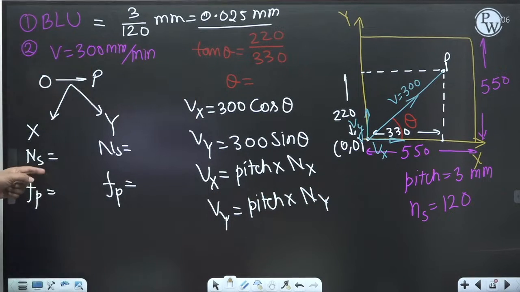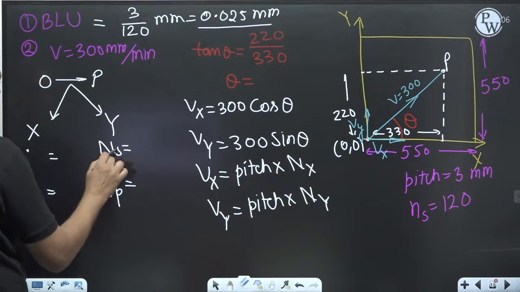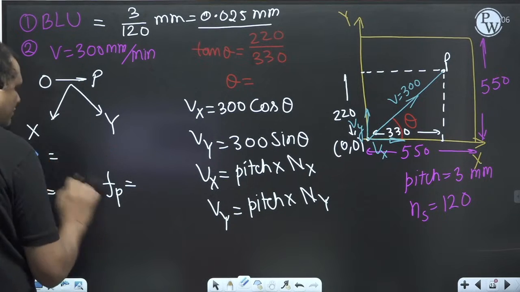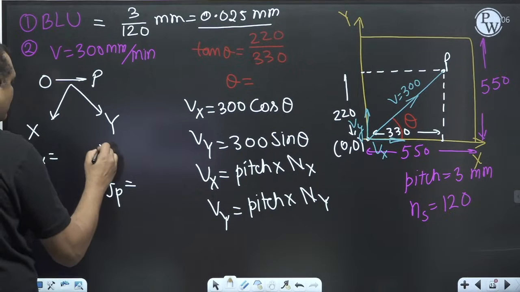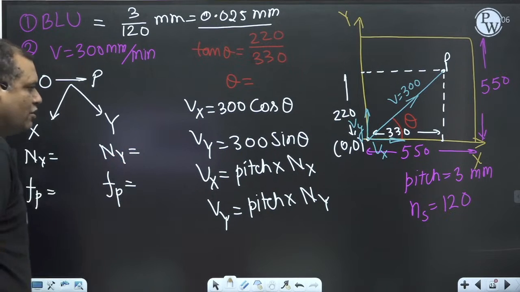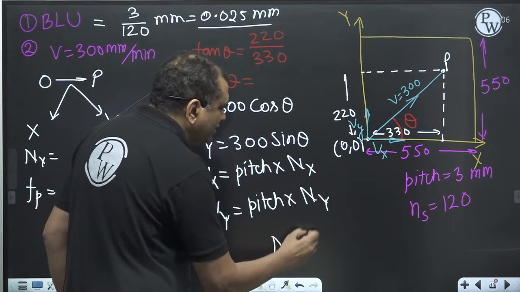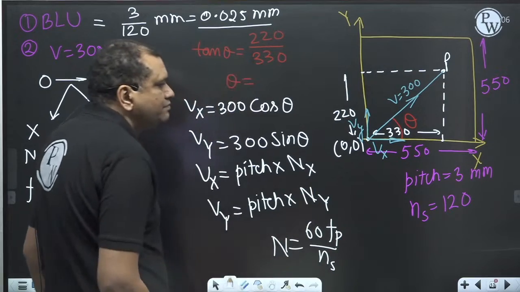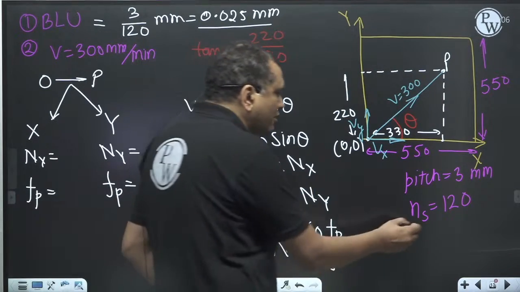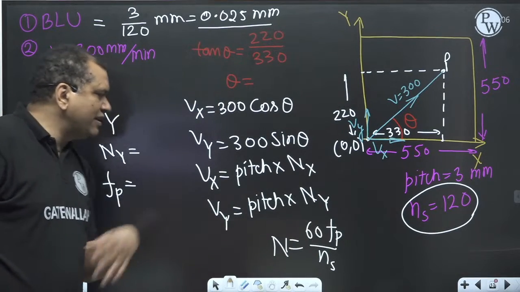So you will get the value of nx and ny, and n we know is 60 fp by ns. ns is the same for both the stepper motors. So once n is given, you will calculate fp.